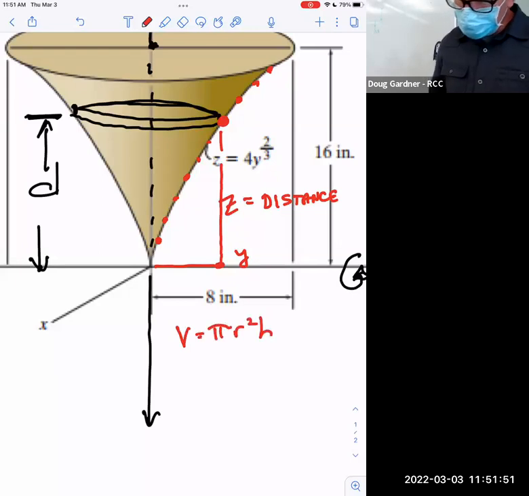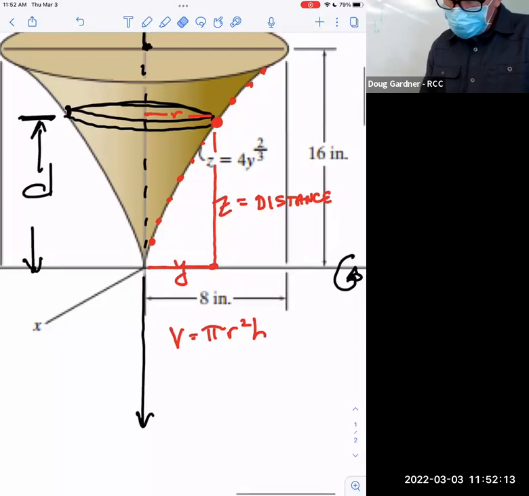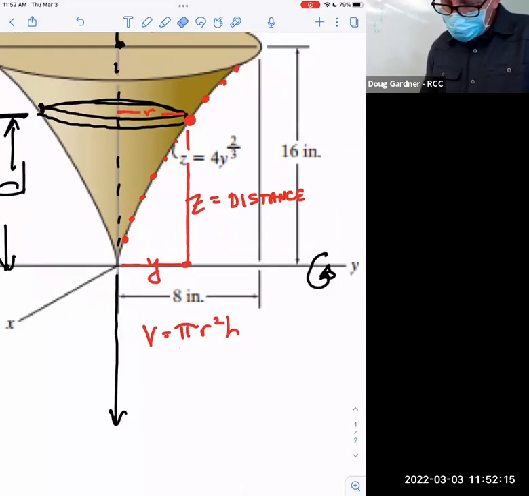It's still this, but what are those called in the context of this picture? Or it's y. Yeah, since the radius was over y, the radius is y. That's exactly right.